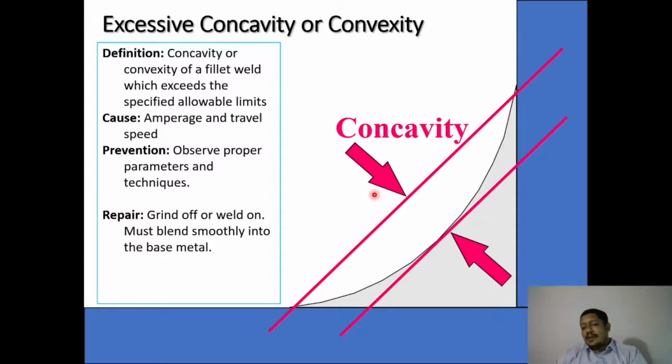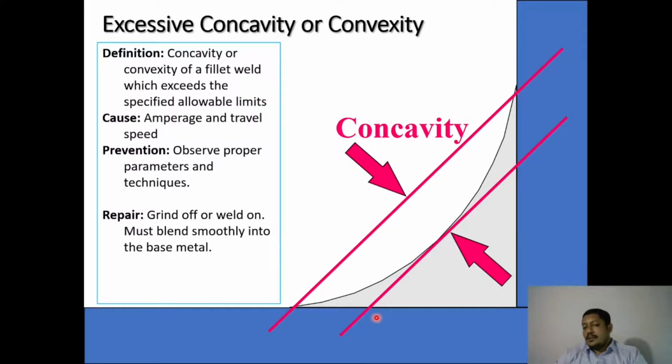The next term that comes up in welding is concavity. You can see the profile of the weld in the case of a fillet weld, how sagged it is. That is how convexity or concavity is defined. This profile is called concavity. Concavity or convexity of a fillet weld exceeds the specified allowable limits.